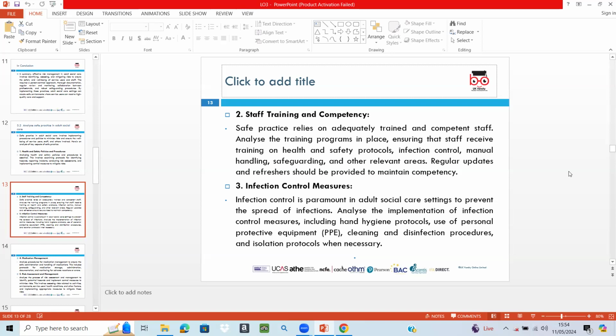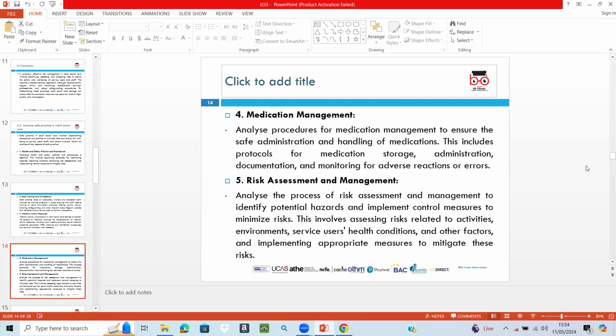So these were all important aspects of staff training and competency and infection control measures. Now moving on to the next slide, we have medication management and risk assessment and management. Right.